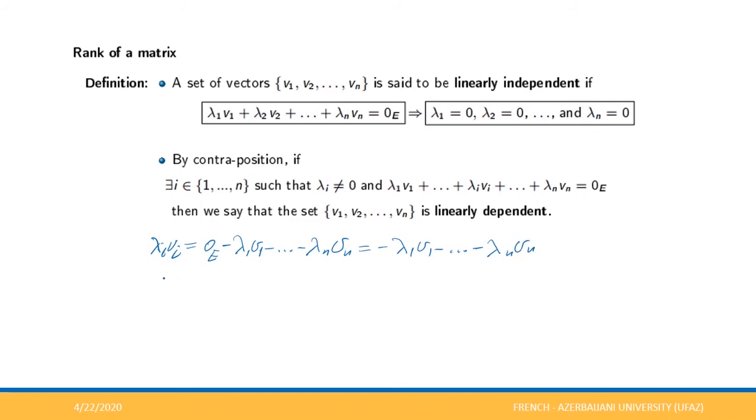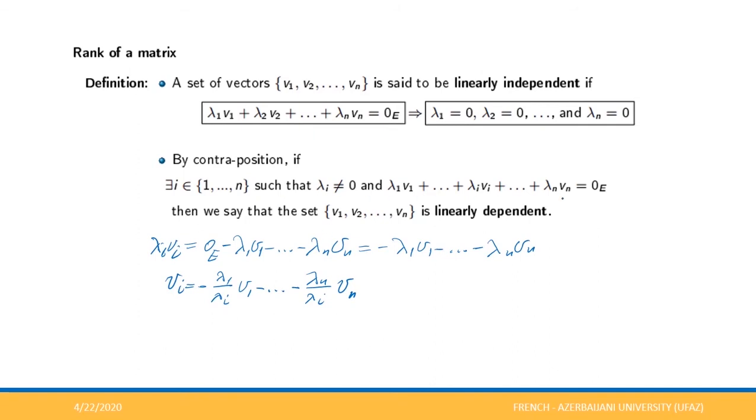You see, the 0 vector minus this one will be this one itself. From here, if we find the value of vi, it will be minus lambda 1 over lambda i v1 minus so on minus lambda n over lambda i vn.